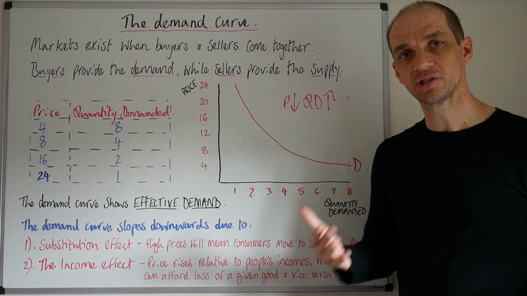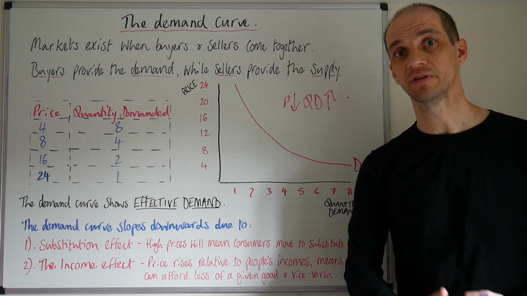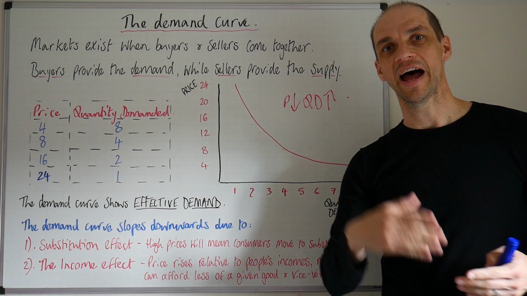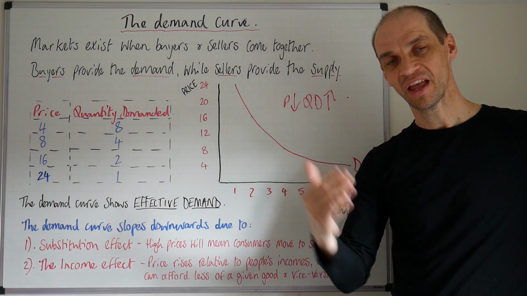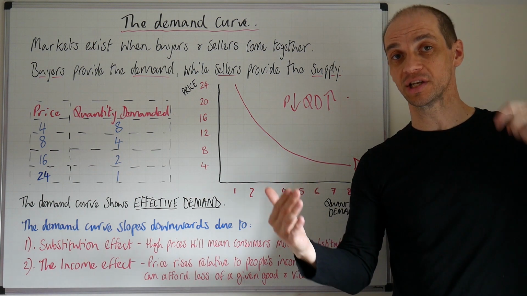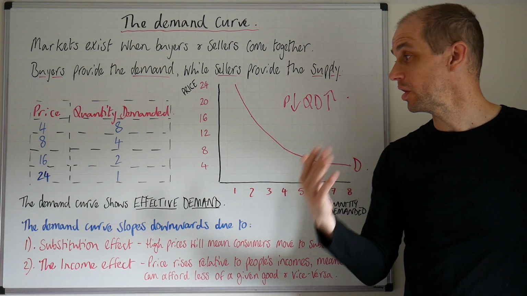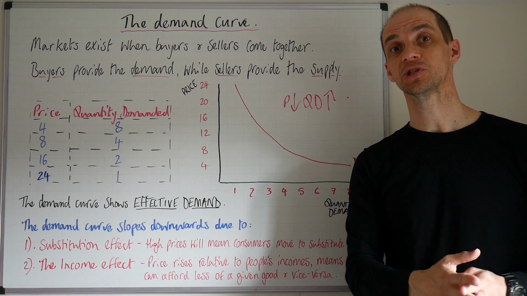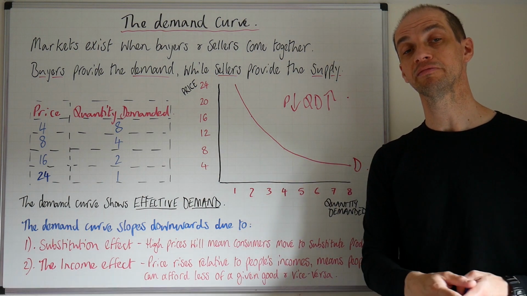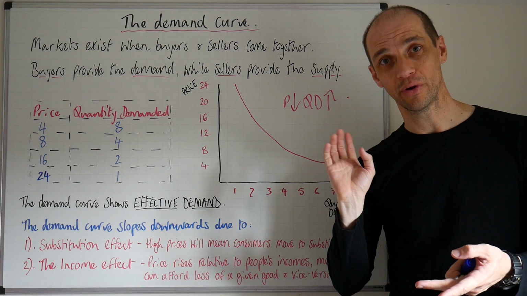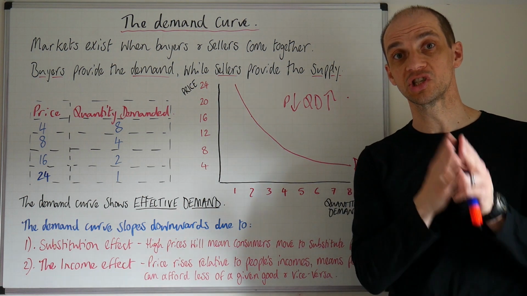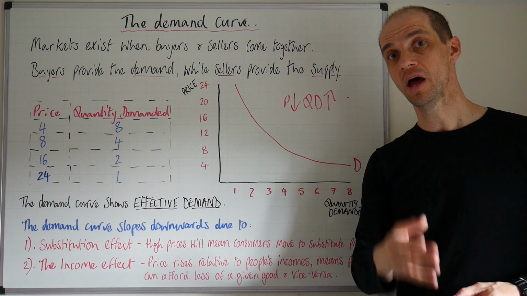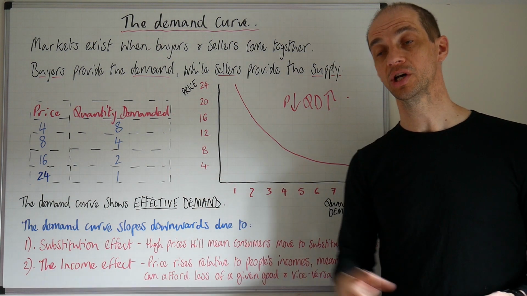So if you just consider a scenario such as the price of pasta rising, if the price of pasta goes up quite significantly, then of course what's likely to happen is that people start to actually buy alternative products, whether it's bread, whether it's rice products. So consumers will substitute away from that given product to other alternatives.